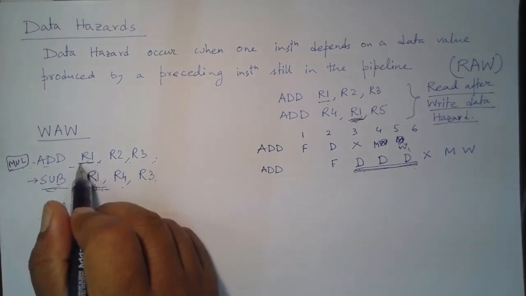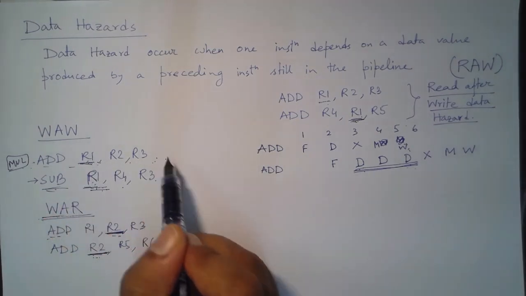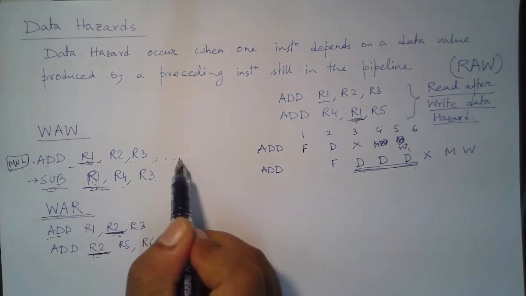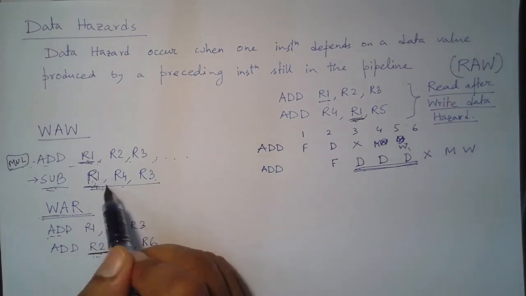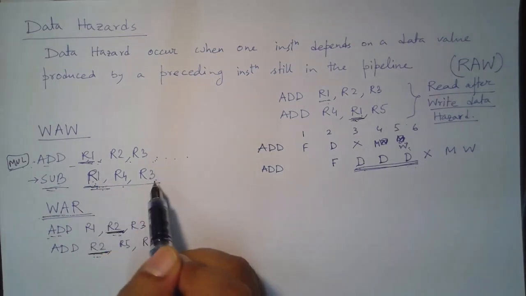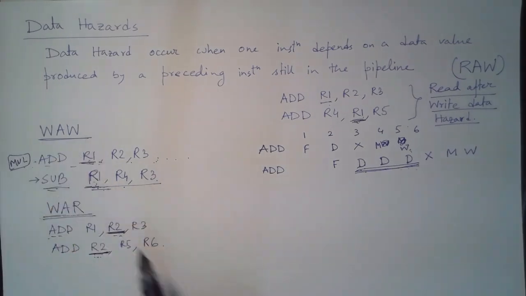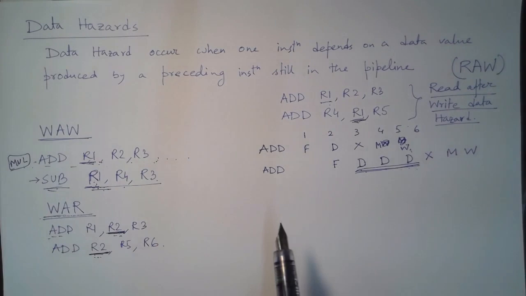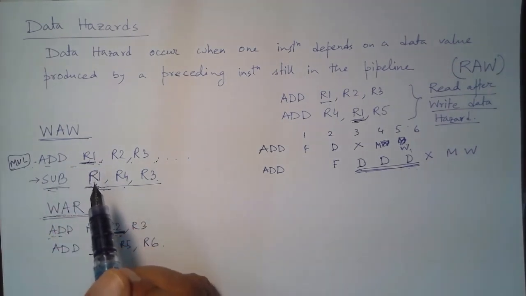If you maintain that, then even if this instruction is taking longer, you will wait for this updation to happen, and only then will the next instruction update R1. So if you want to ensure that there is no write after write hazard, you have to make sure that you do not allow out of order updation of the register files. All right.